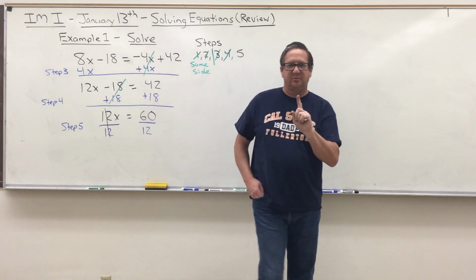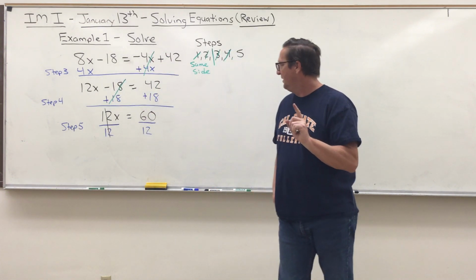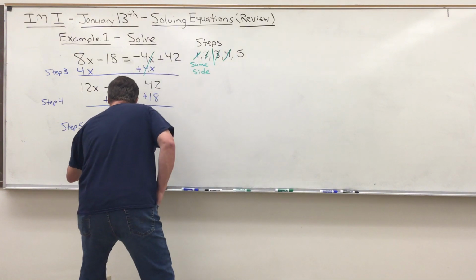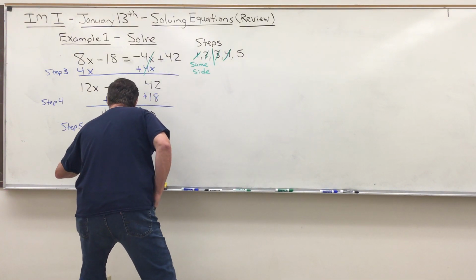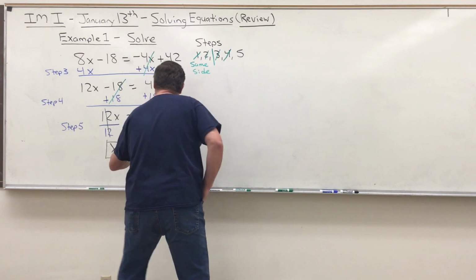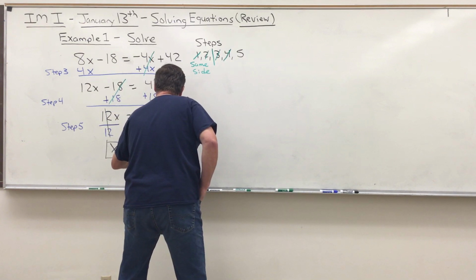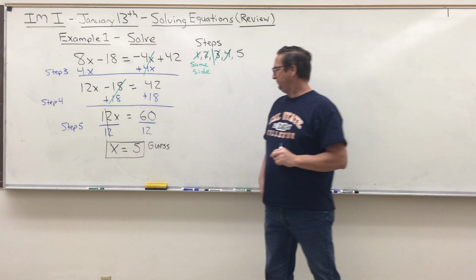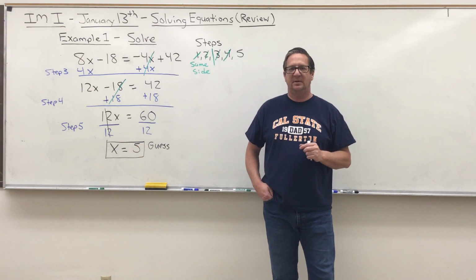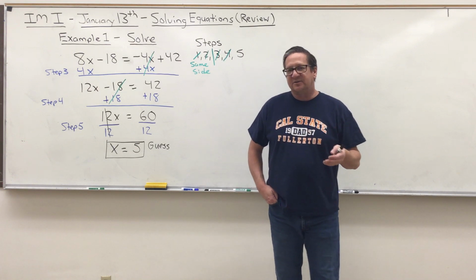Remember that crosses out to 1, not 0. And so I get x equals 5. So I think the answer is x equals 5.